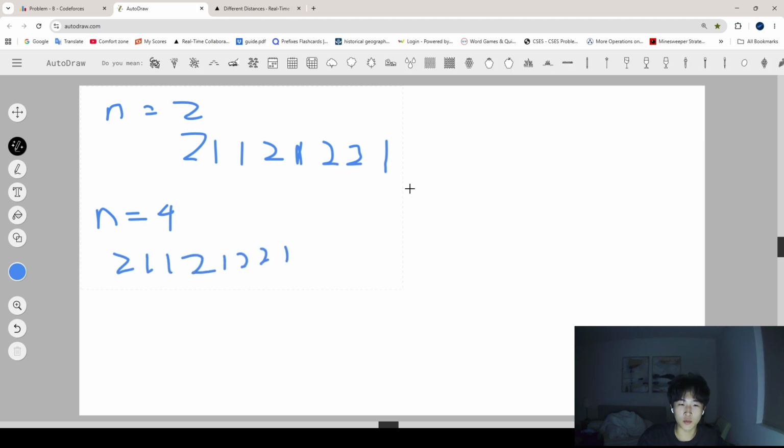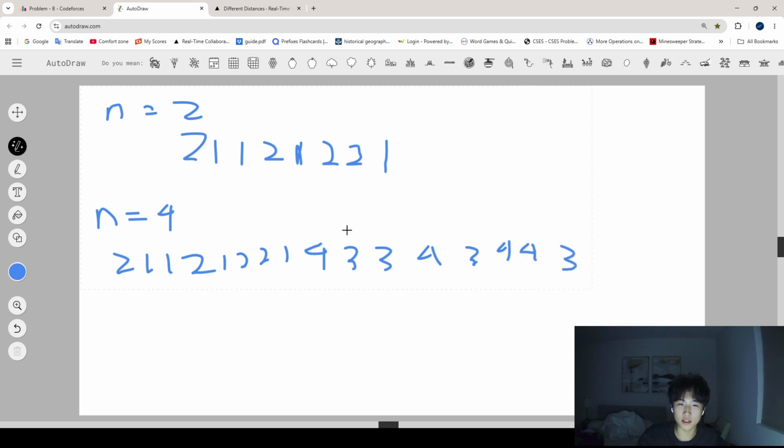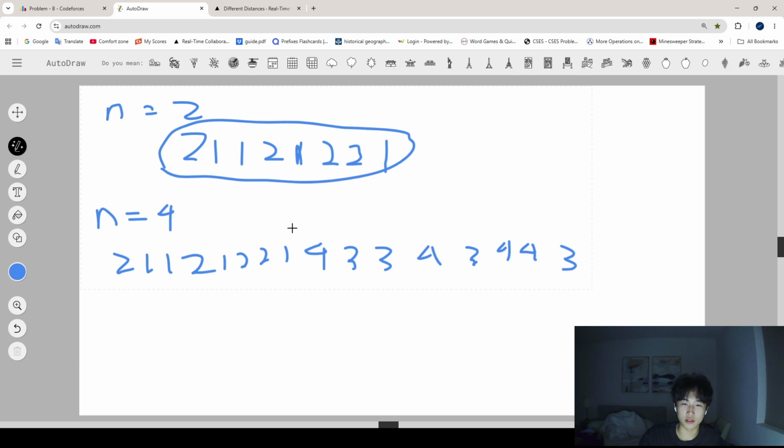And then for the same one, I could have 4, 3, 3, 4, 3, 4, 4, 3, where 4 matches to 2 and 3 matches to 1. And this will work because for each value compared to its own value, they're all pairwise distinct because it's following the same structure as n equals 2.